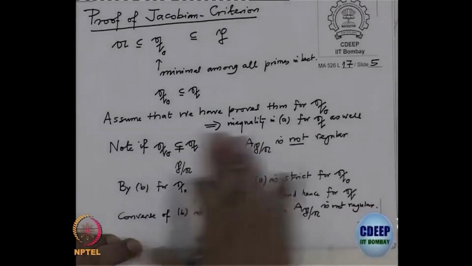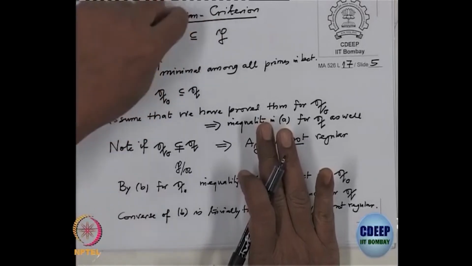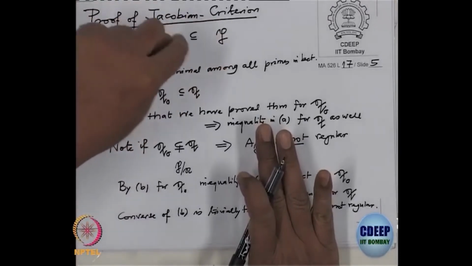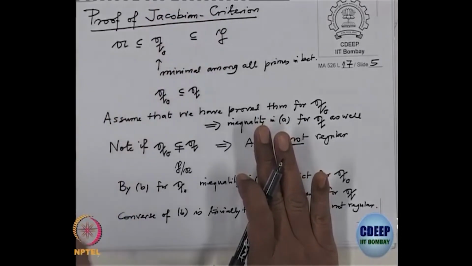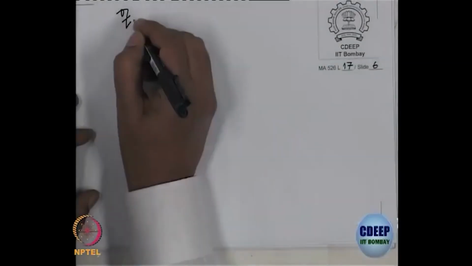So all these comments just say that to prove the theorem, I will assume the given Q is minimal among the associated primes of A. Okay, so now we concentrate on the case Q naught equal to Q.